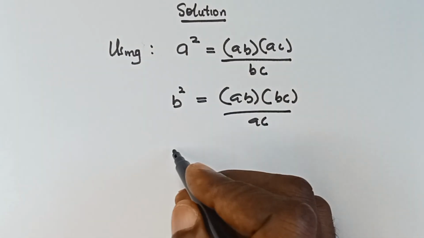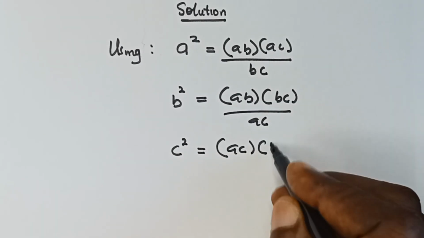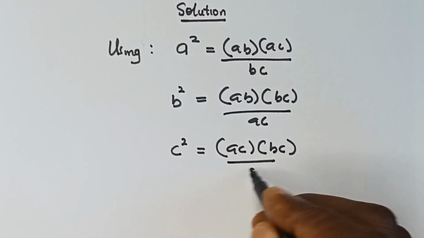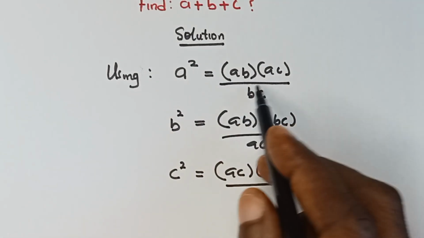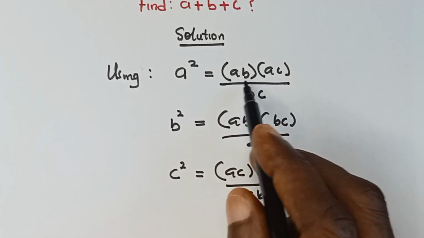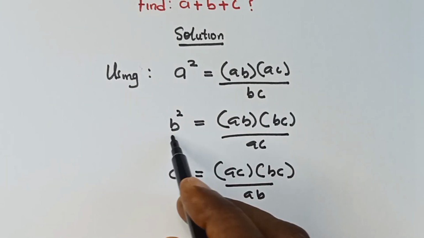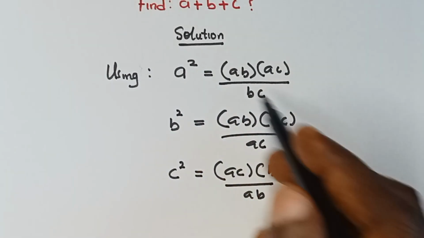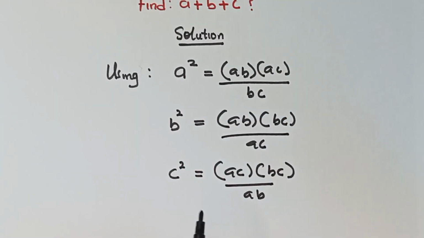And lastly, our C square will be AC times BC over AB. So to find A square, we are going to do AB, which is 40, multiplied by AC divided by BC. This is the shortest and fastest way to do it. All right, so now let's find each of these.